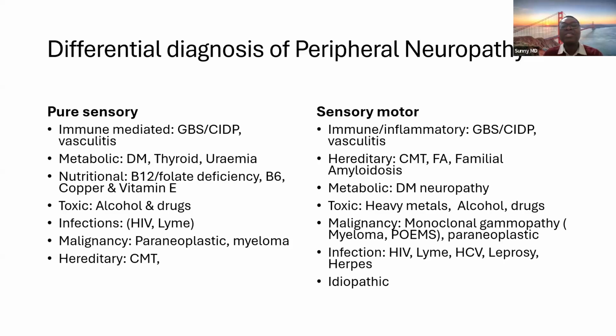However, if it is sensory motor, with significant proximal or distal motor weakness, you'll be thinking more of GBS, and of course other hereditary causes, especially if this patient has footwear and orthosis around, and classical features of CMT like pes cavus. With sensory motor features, you think more of Charcot-Marie-Tooth. In peripheral neuropathy, whatever you mention is probably going to be fine as long as you situate it contextually nicely.